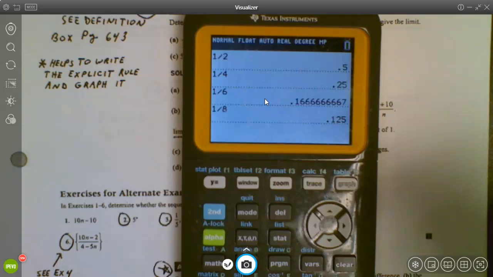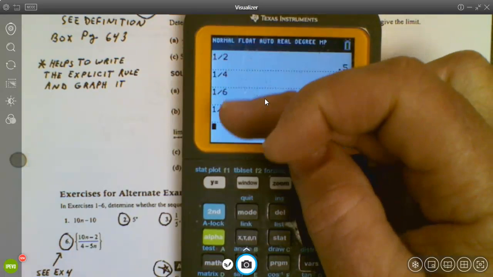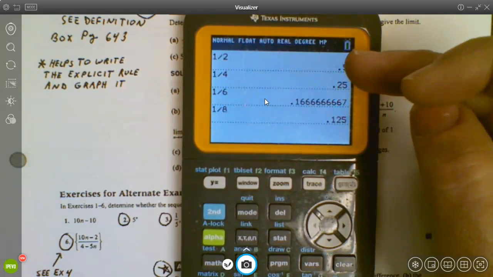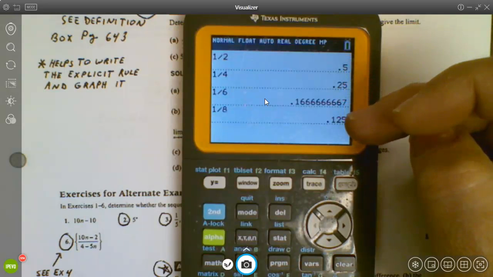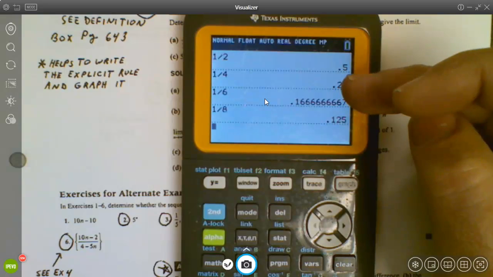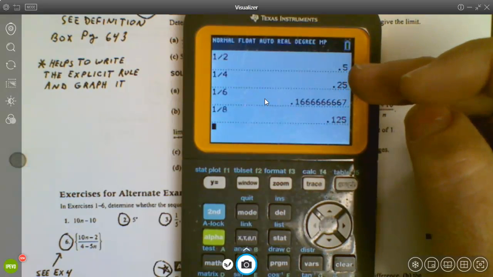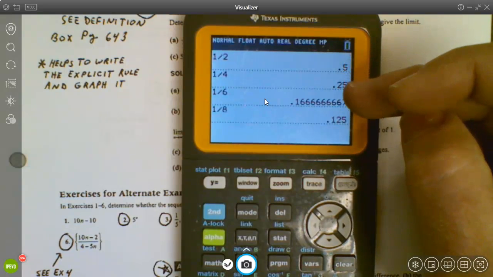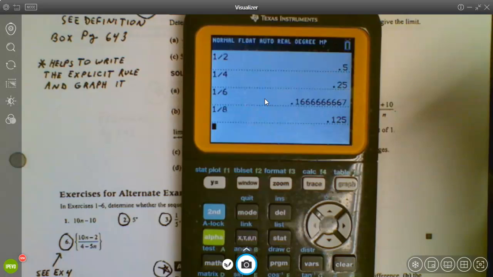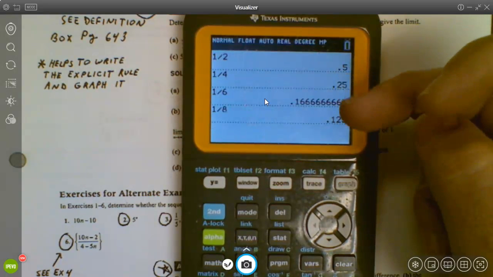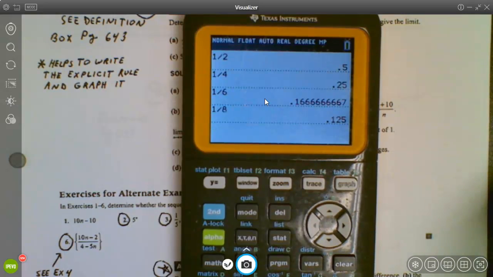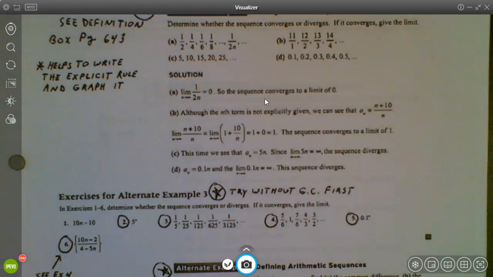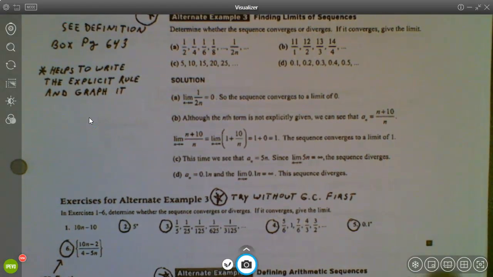In other words, as n gets bigger, what are my answers approaching? My answers are approaching 0, right? And so I don't have to look at a graph for this. In a lot of cases, I can look at just the results that I see here and understand that I am approaching 0 as n gets bigger, as n approaches infinity, right? So that's a major concept that will continue to come back up in a big way down the road. So let's practice a few of these.